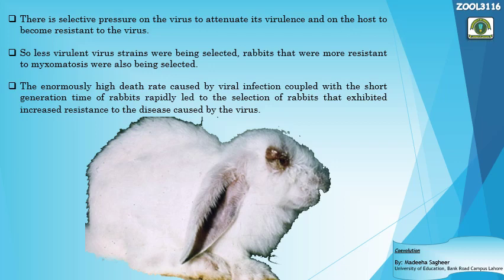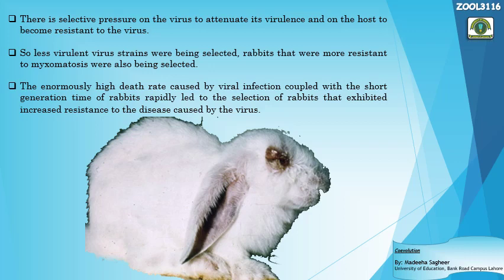But after the selection of nature, viruses were compelled to attenuate themselves, and on the other hand, rabbits became resistant. The enormously high death rate caused by the viral infection, coupled with the short generation time of the rabbits, as I just told you, rapidly led to the selection of rabbits that exhibited increased resistance to the disease caused by the virus.